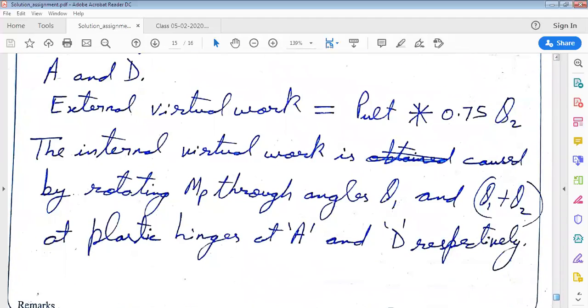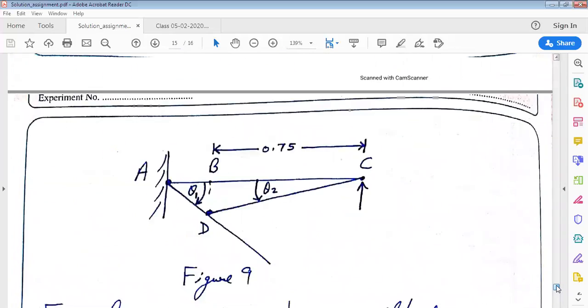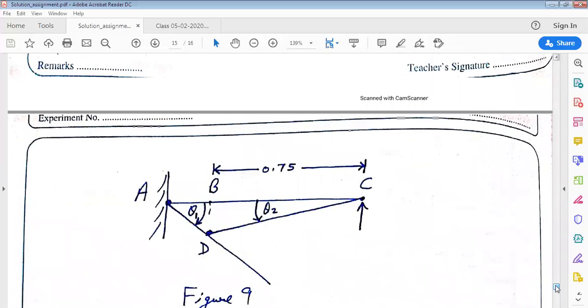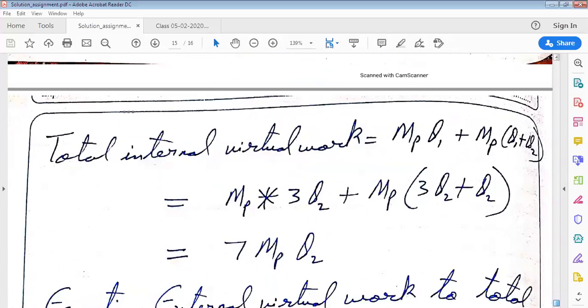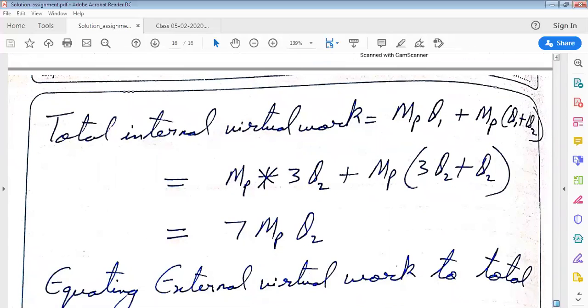And the internal virtual work is caused by rotating MP through angles theta 1 at point A and by rotating by angle theta 1 plus theta 2 at point D. So internal virtual work becomes MP into 3 theta 2 plus MP bracket start 3 theta 2 plus theta 2 bracket close. That is equal to 7 MP theta 2.